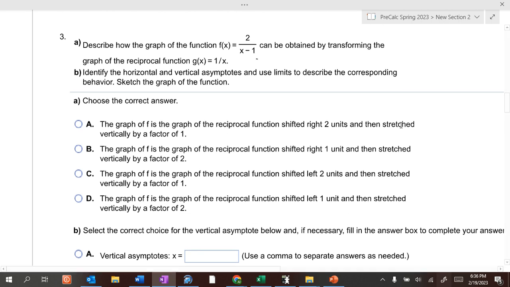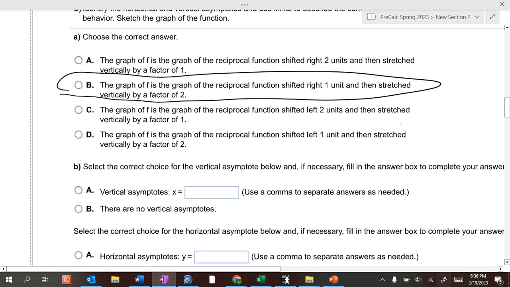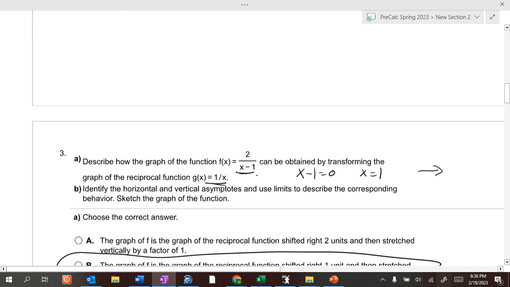What's happening here? Well, you see x minus 1. So if I go x minus 1 equals 0, x equals 1. So my vertical asymptote is 1 to the right compared to this one. So I'm shifted 1 unit to the right. Well, I already know this would be the right answer. Then vertical asymptote at x equals 1, horizontal asymptote.